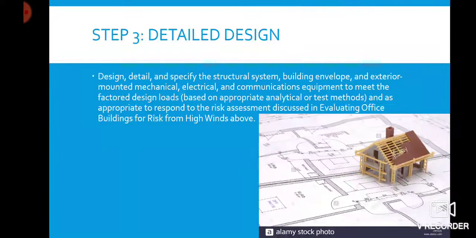As part of a detailed design effort, load path continuity should be clearly indicated in the contract documents. Load paths need to accommodate design uplift, racking, and overturning loads. Load path continuity obviously applies to structural elements, but it also applies to the building envelope elements.